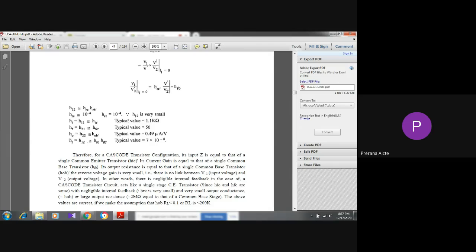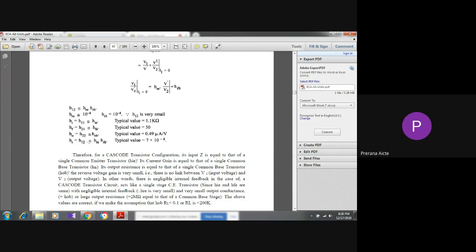Its output resistance is equal to that of a single common base transistor. The reverse voltage gain is very small, so there is no link between input voltage and output voltage. In other words, there is negligible internal feedback in the case of a cascode transistor, which acts like a single stage CE transistor, since hie and hfe are the same with negligible internal feedback. So hre is very small.